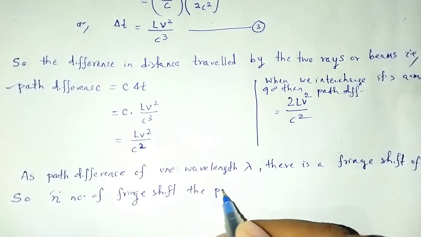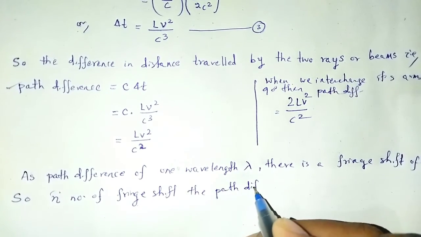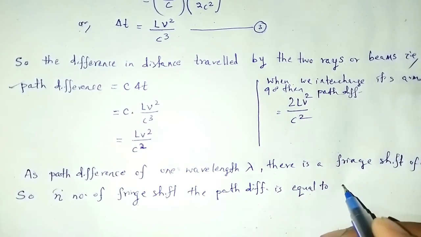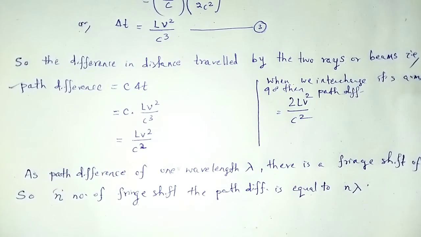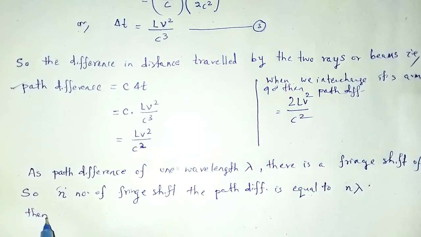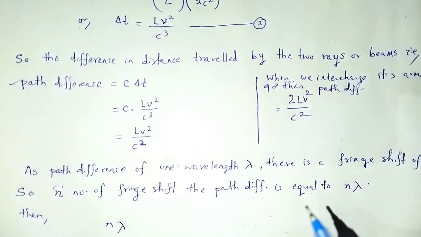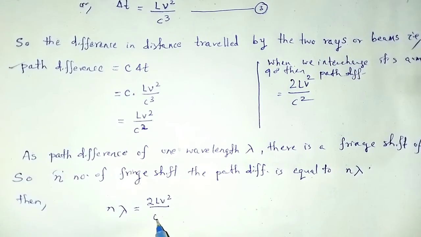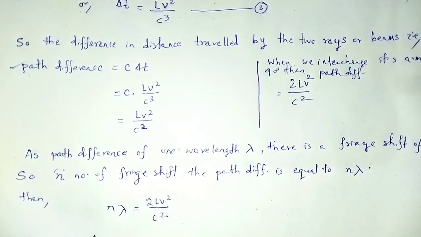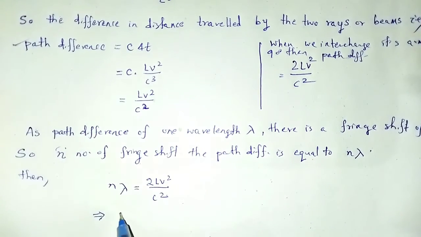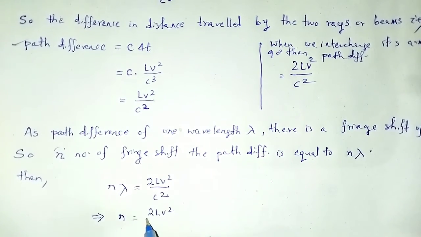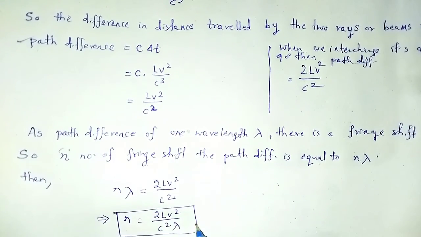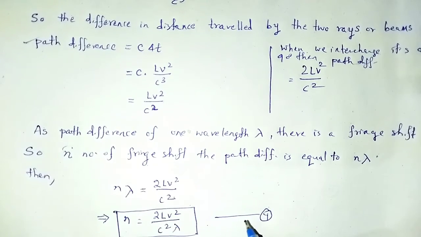The path difference is equal to n into lambda. Therefore, we can write n lambda is equal to 2L V square divided by C square, which implies n is equal to 2L V square divided by C square into lambda. Equation number 4.